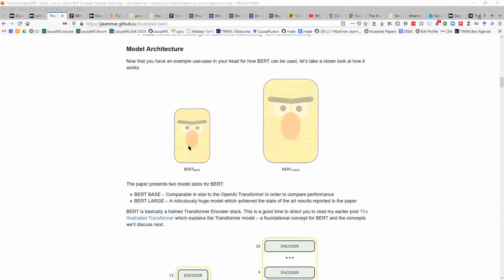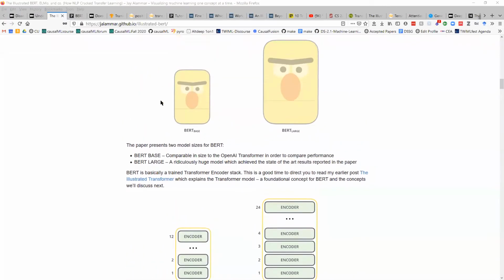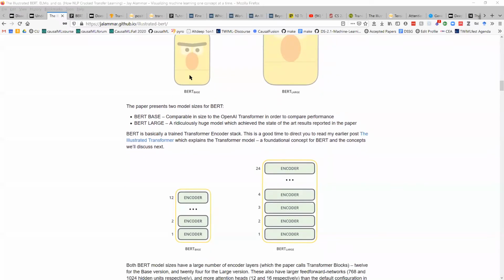So in the paper they talk about two models. One is the BERT base and one is the BERT large, and they're basically the same thing except they have different sizes. But the base model was built in order to do an apples to apples comparison with GPT-2, with OpenAI's GPT-2 model, and basically showed that it could crush GPT-2 in a whole bunch of different tasks.